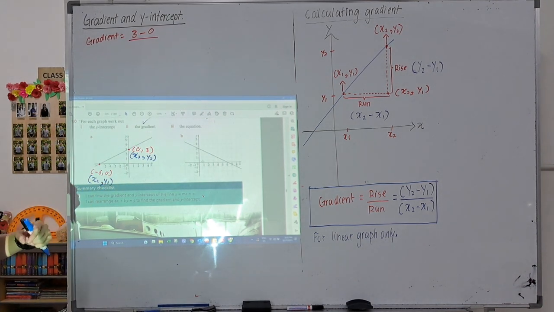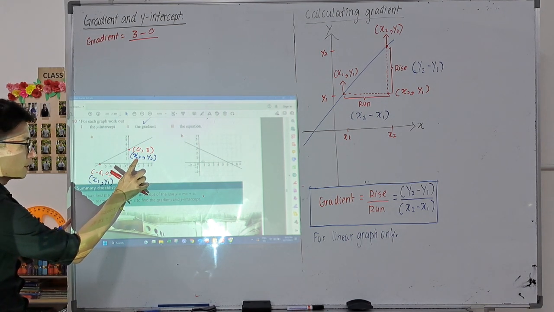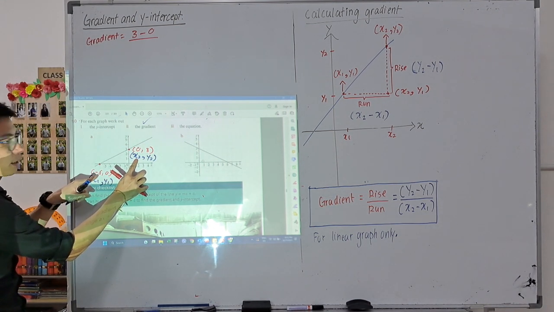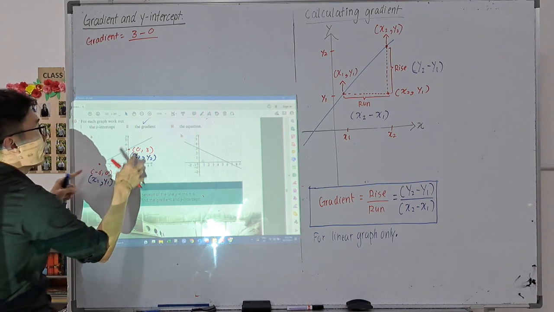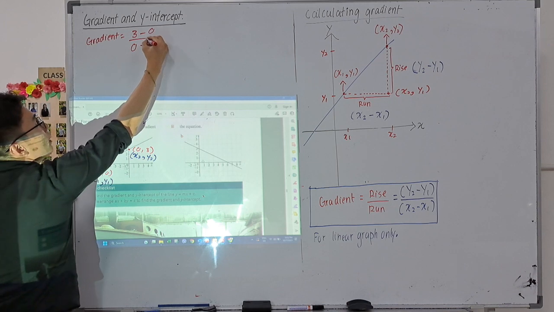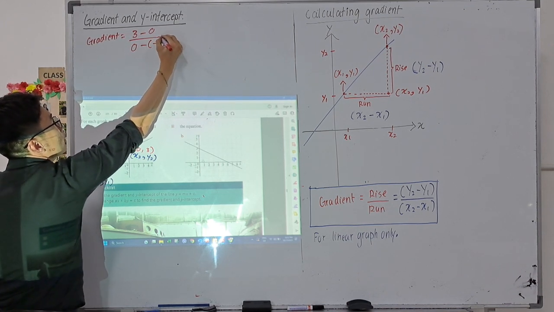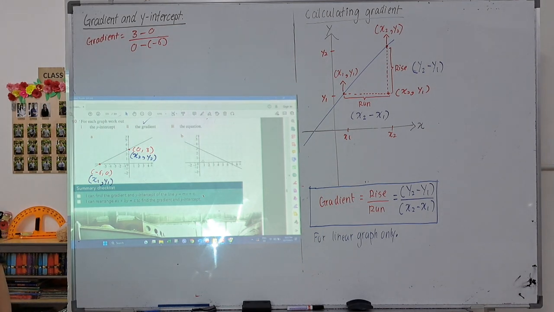So next is my x2 minus x1. x2, remember, is this one. It's 0 minus -6. That's how you write it down. So all you need to do is work this out.